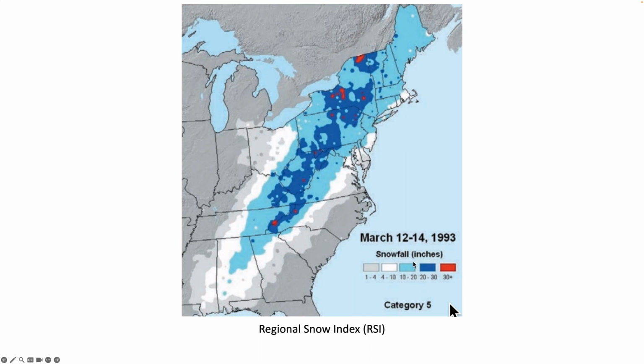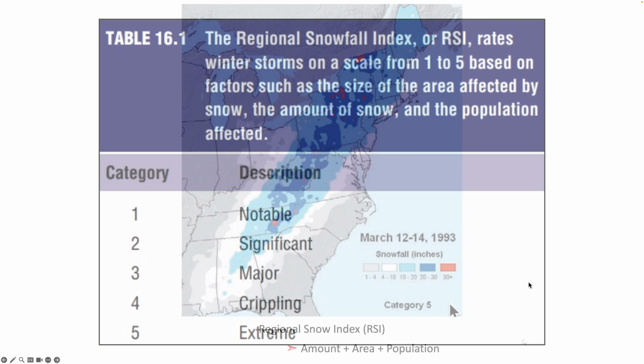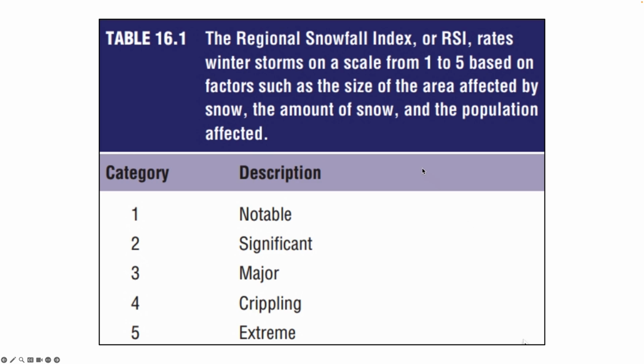So this was a Category 5, top category for this storm. Another big Category 5 storm, and again, this is amount plus area plus population, that's the main consideration. So this basically gives you the descriptions, and they're kind of vague, but notable, significant, major, crippling, extreme.